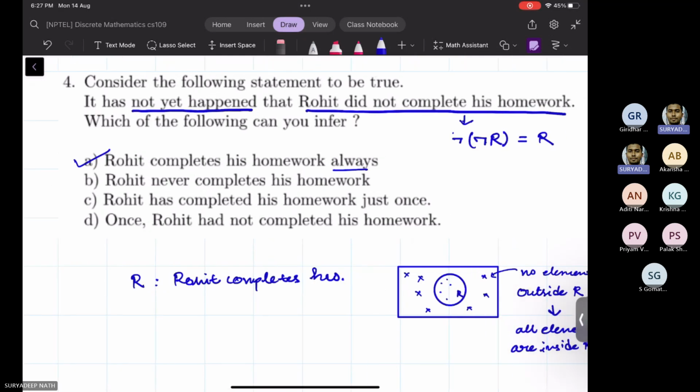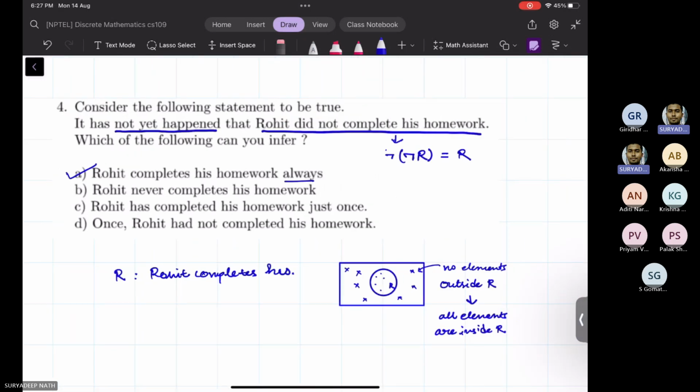So that is another way of thinking as well. Does anyone have any question regarding this solution or any different approach, you can go ahead.